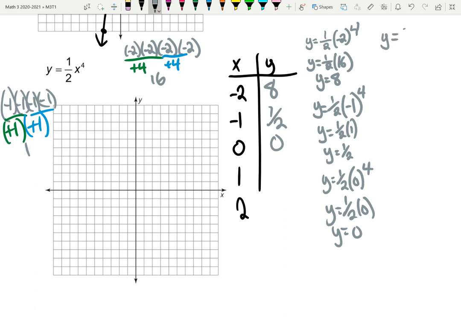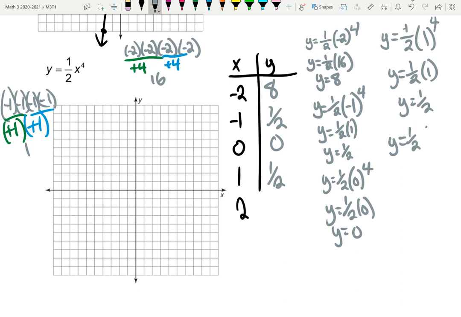My next one, y is equal to 1/2 times 1 to the 4th power. 1/2 times 1, which is going to be 1/2. And my last one is when I plug in 2 to the fourth power. 2 to the fourth power is going to be 16. And half of 16 is 8.